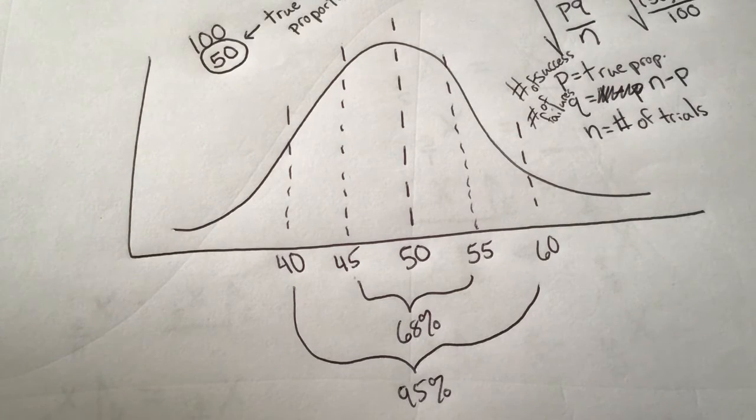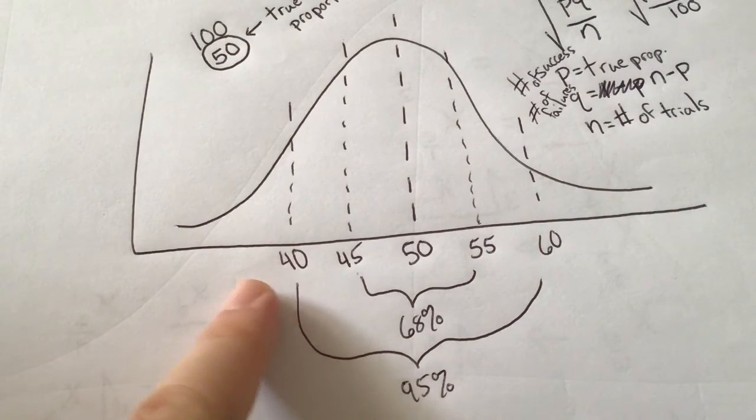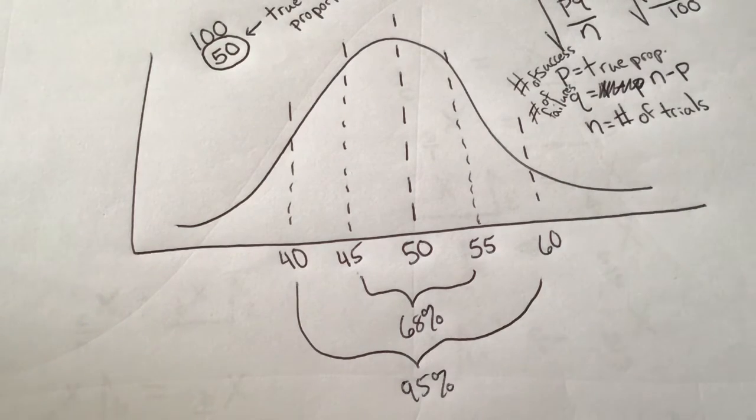So if you were to do this experiment and you only ended up with 35 heads, and you think to yourself, well, is that odd? Is that a concerningly low number? Well, the sampling distribution says there's less than a 2.5% chance to get less than 40. It's a very, very low chance.